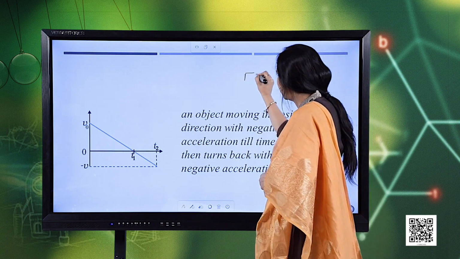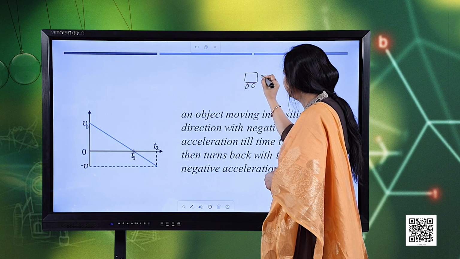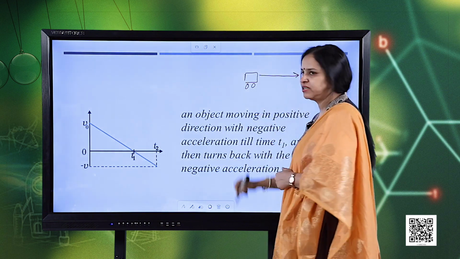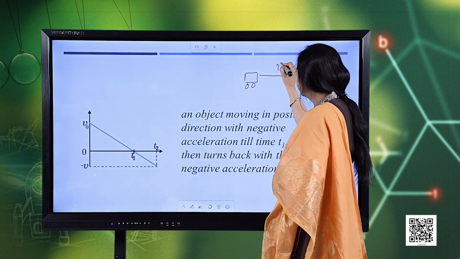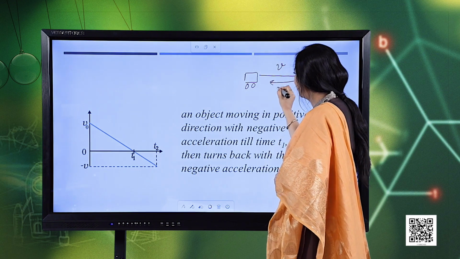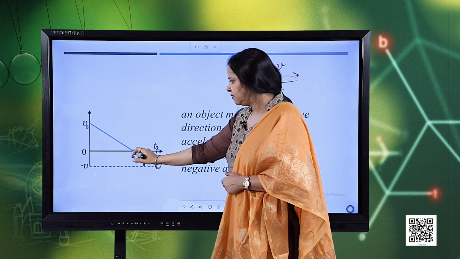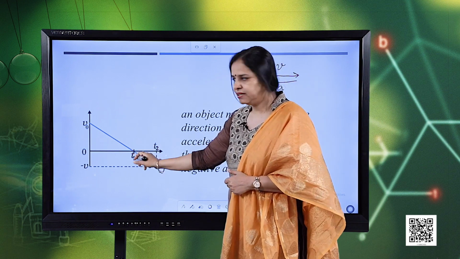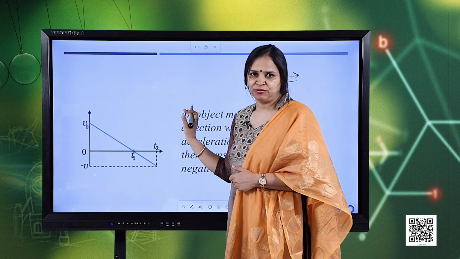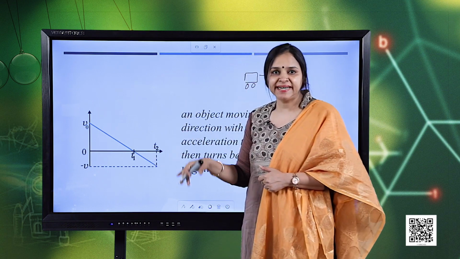So, we can consider a vehicle which is initially moving in the positive direction, but its acceleration is opposite to its motion. That is why at time t1 the velocity becomes 0 and the motion continues.